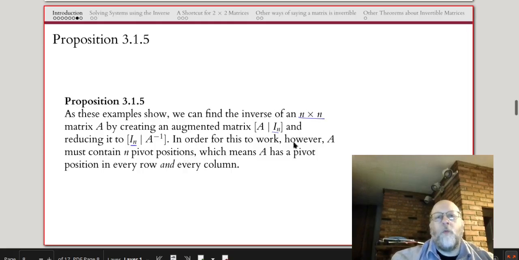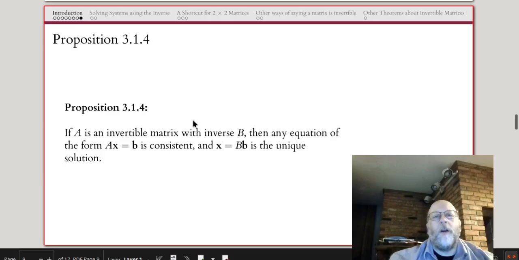In order for this to work, though, it means that A has to have n pivot positions. And so A has to have a pivot position in every row and every column. And that's going to come back to us later on when we combine the idea of being invertible with things like being independent and being a spanning set.